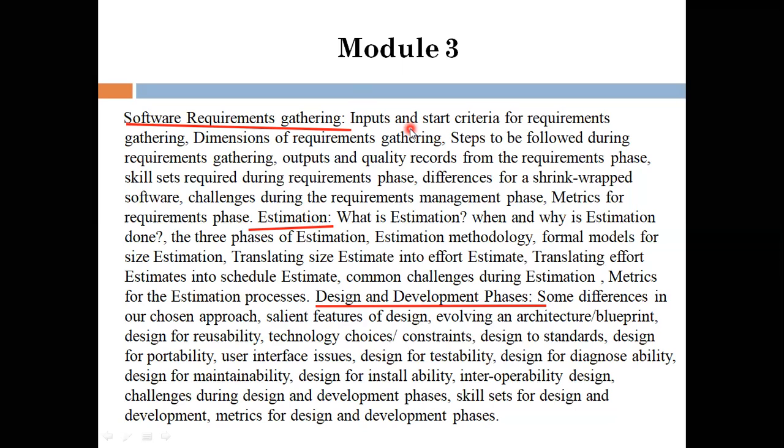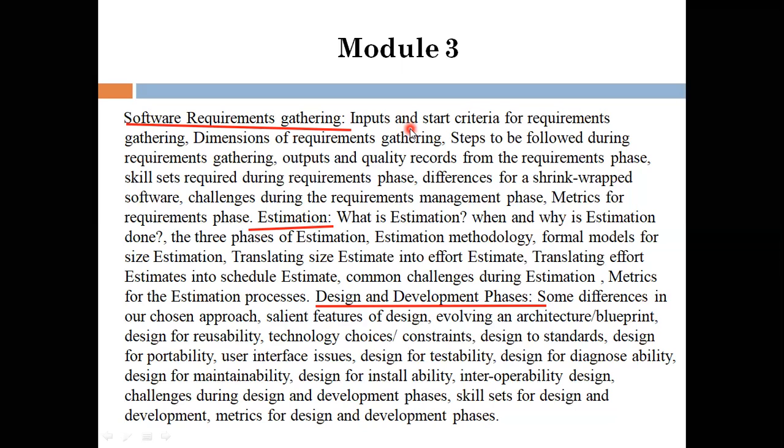And next, estimation. So what is estimation? Why estimation? When should we do the estimation? What are the three phases of estimation and the estimation methodology? What are the formal models that we should use for size estimation?